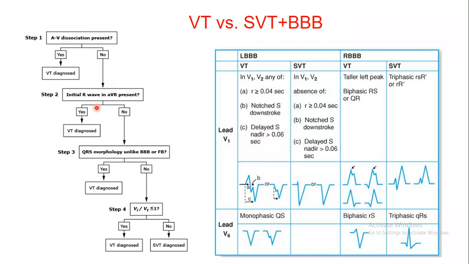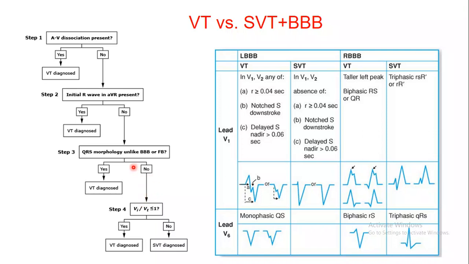If we have an initial tall R wave in aVR, this goes with VT. Again, if we don't have it, we look at the QRS morphology. If it looks like a typical bundle branch block, the probability of SVT is higher.